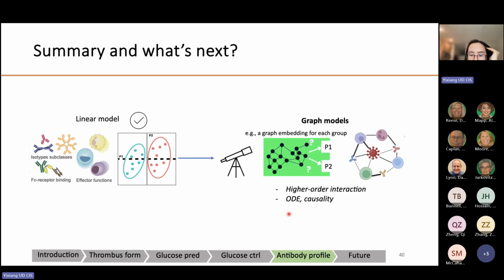Also, due to my previous understanding of ordinary differential equations, I want to incorporate my previous expertise in ordinary differential equations to see if we can add more causality of the interactions in both the higher-order and the linear models.